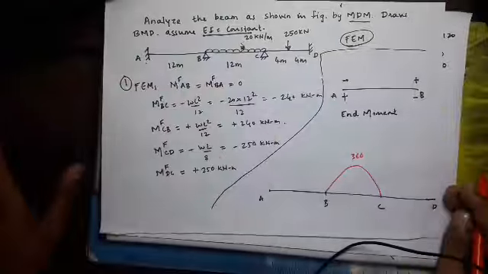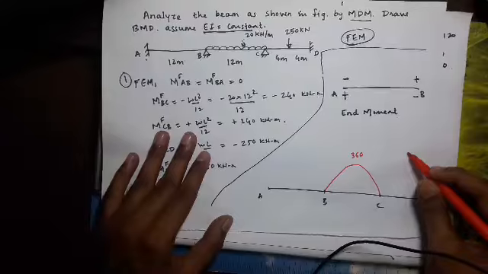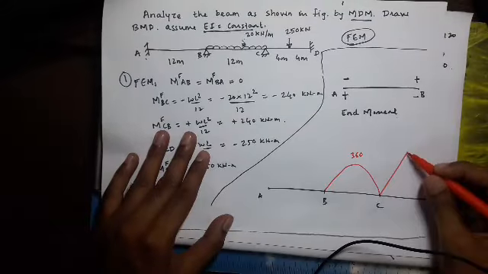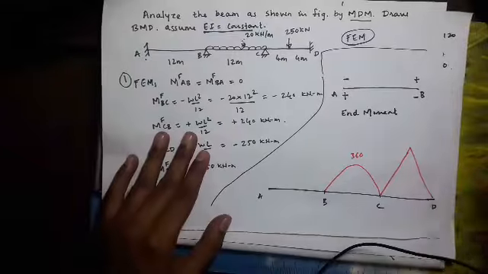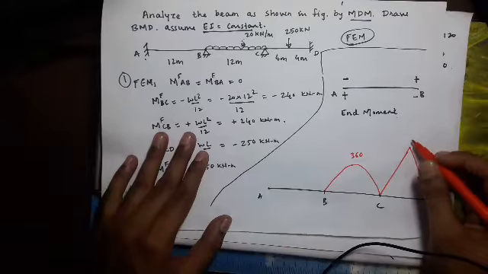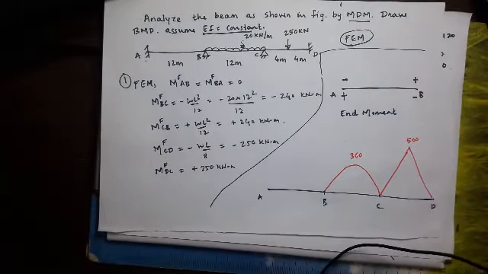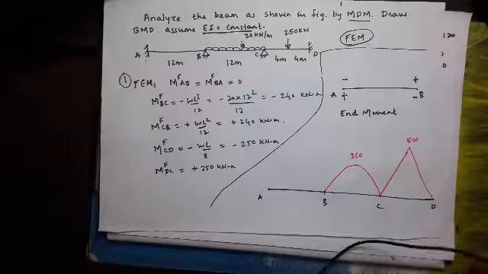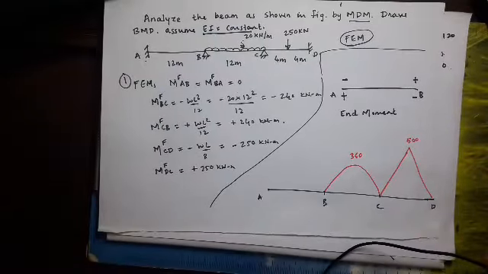CD has a point load at the center, so the free moment diagram will be triangular, WL by 4. You will get this as 500 kilonewton meter. With regards to free moment, the positive moment will be above datum and the negative moment will be below datum.